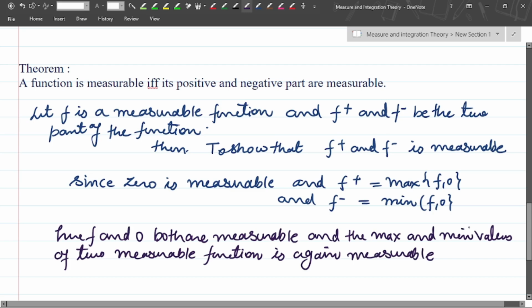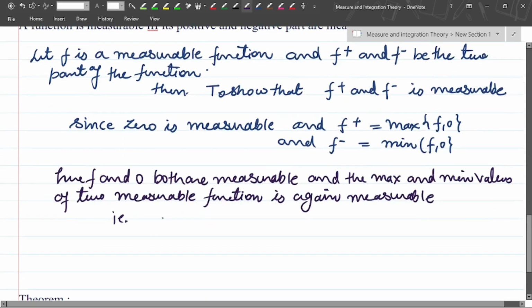It means f plus and f minus both are measurable. Okay, so that's the concept.